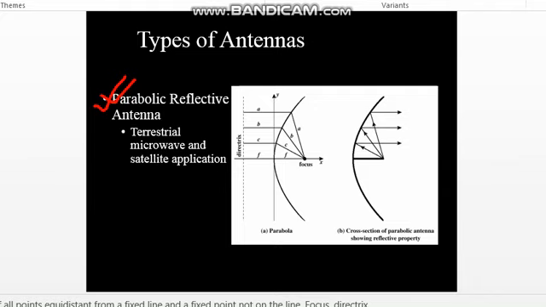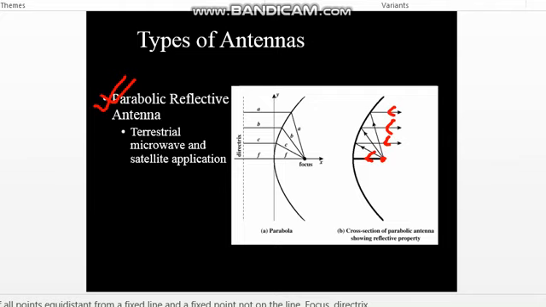Here you can see the shape is just like a parabola. In the reception section, every signal that arrives goes to a focal point. At that focal point, it concentrates the signal, and the signal is received from there.